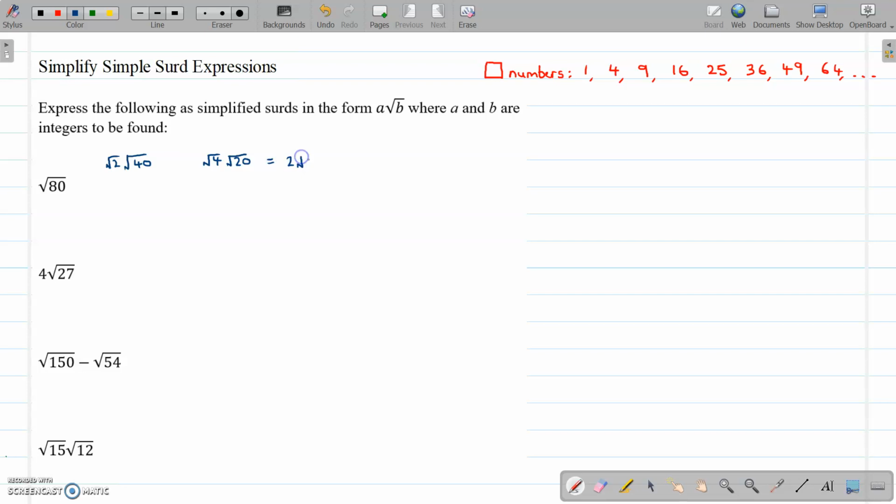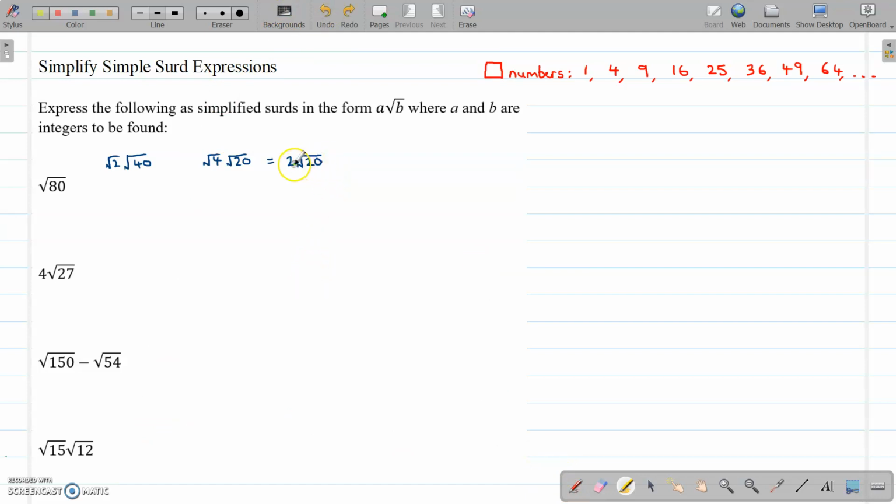You might say I've solved the problem, because it's written in the form a root b, where a is 2 and b is 20. Job done, except that it isn't, because you haven't simplified it fully. So that's not actually the answer.